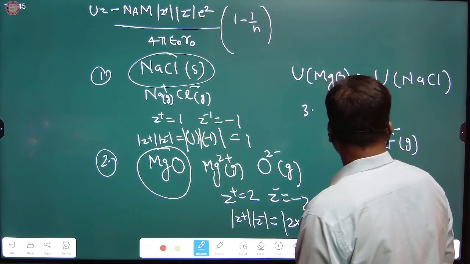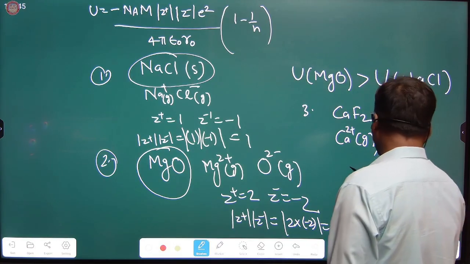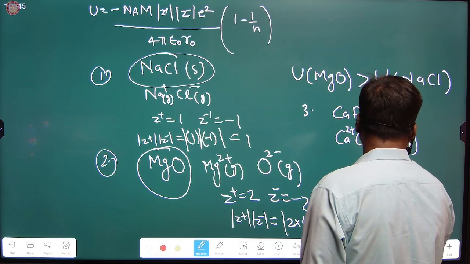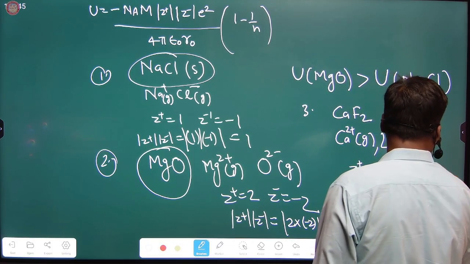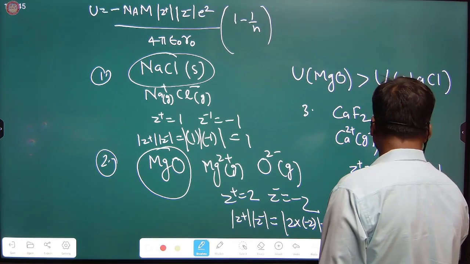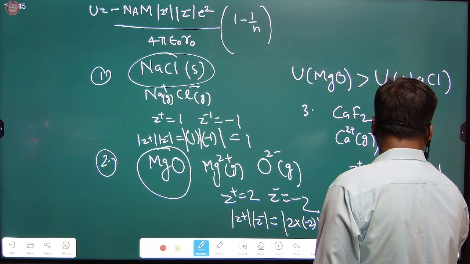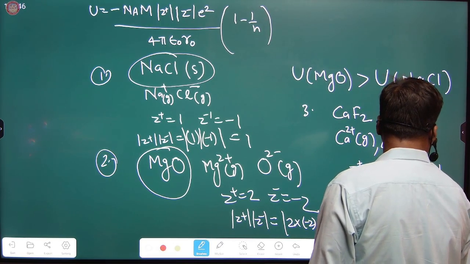Right. So the number of charges Z plus is equal to plus 2 and Z minus is equal to minus 1. So here the product of the charges Z plus and Z minus is equal to 2.